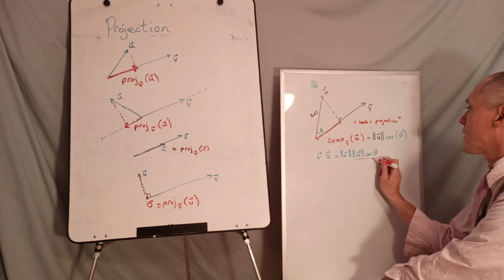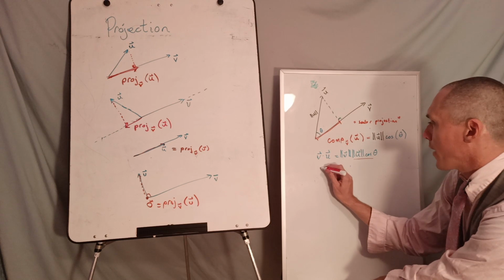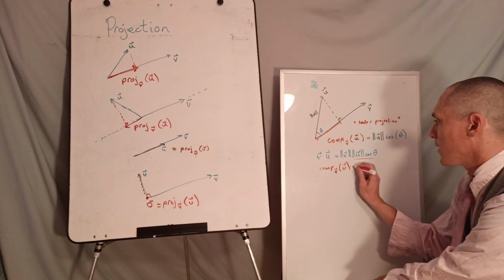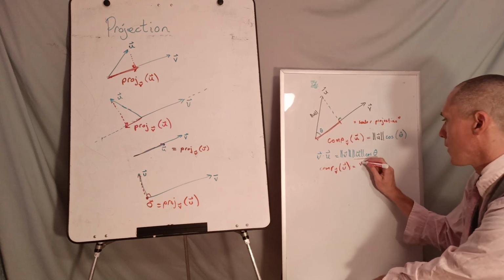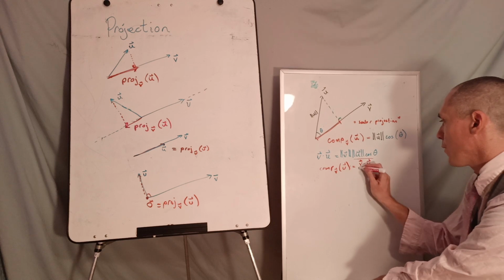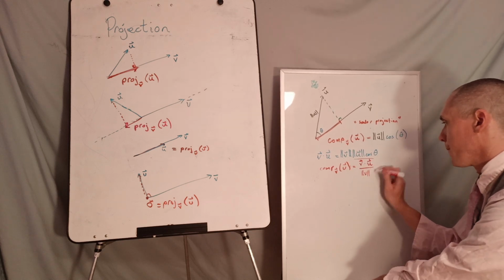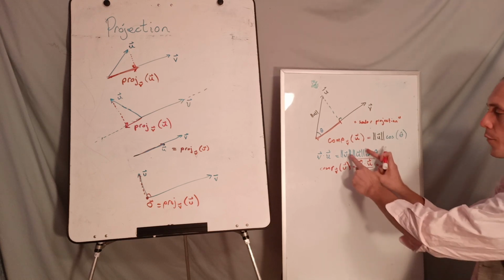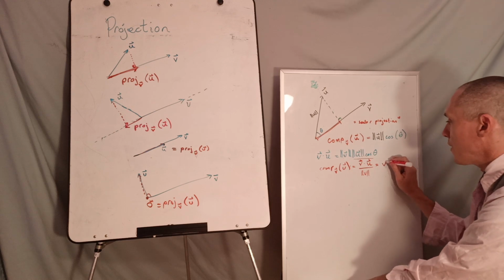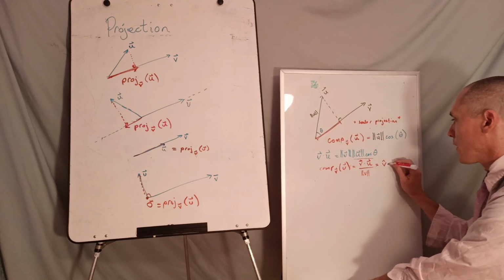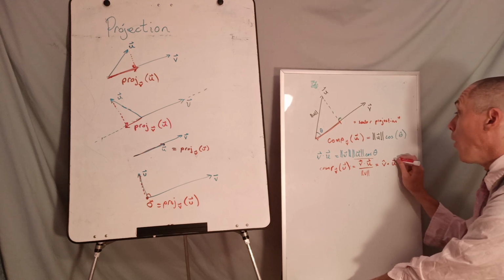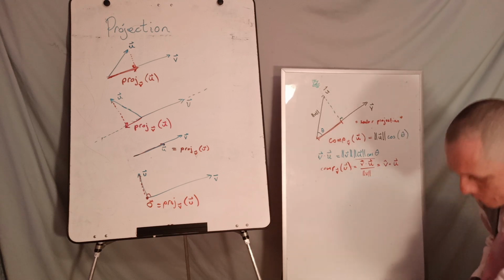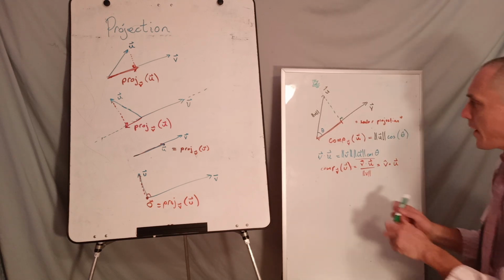We see this is the comp v of u, and so we have that comp v of u is equal to this expression, v dot u divided by the magnitude of v. But this is just multiplying by the reciprocal, and we could associate that with v alone. So this is v hat dotted with u. Okay, so it's almost like what you did was you figured out what is v hat.